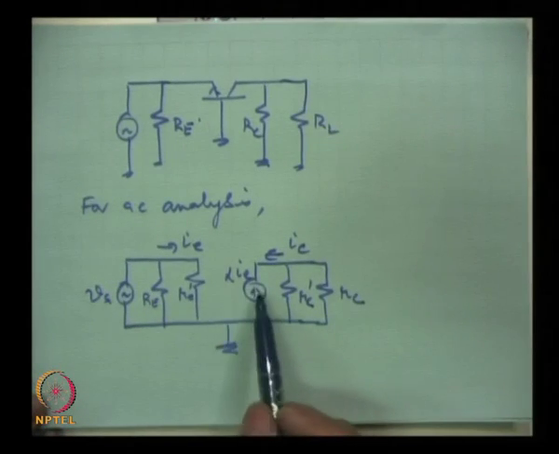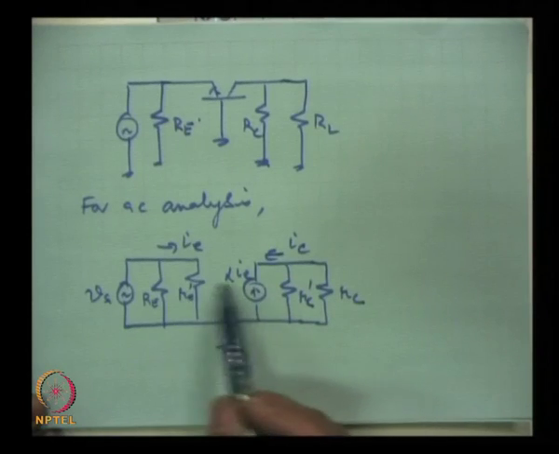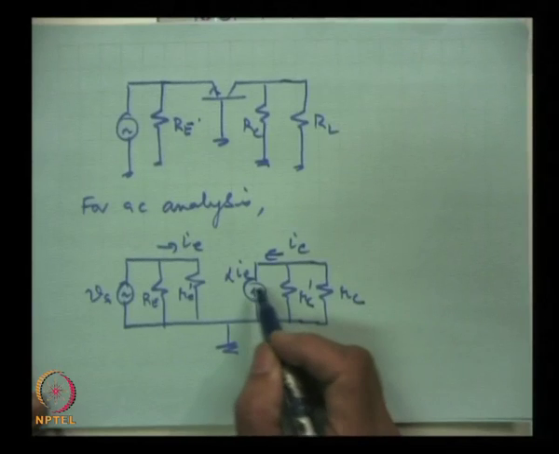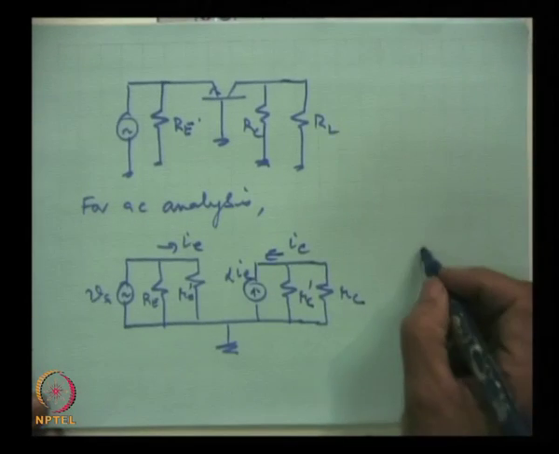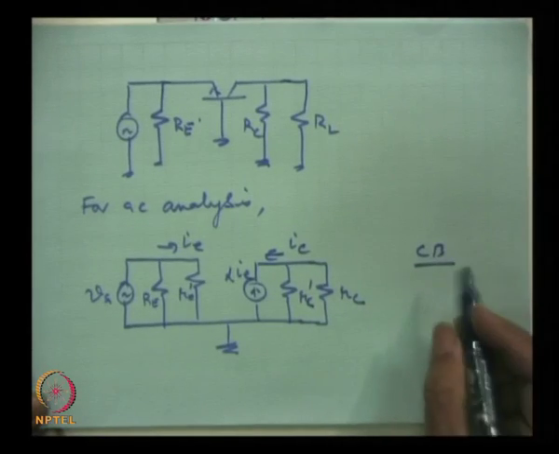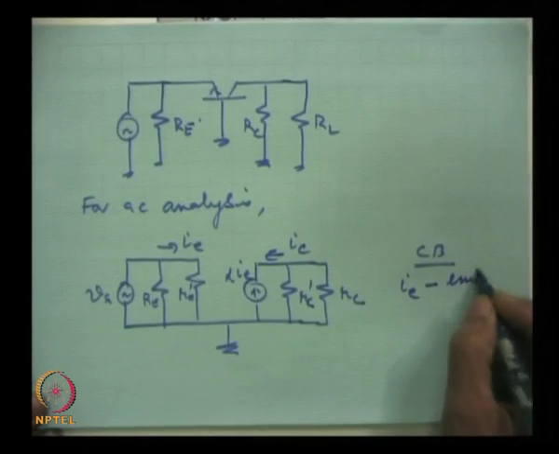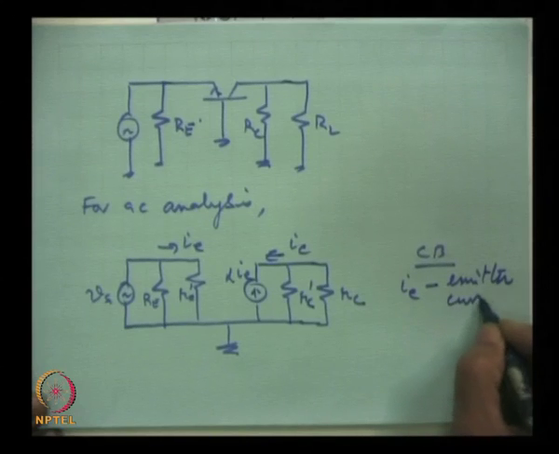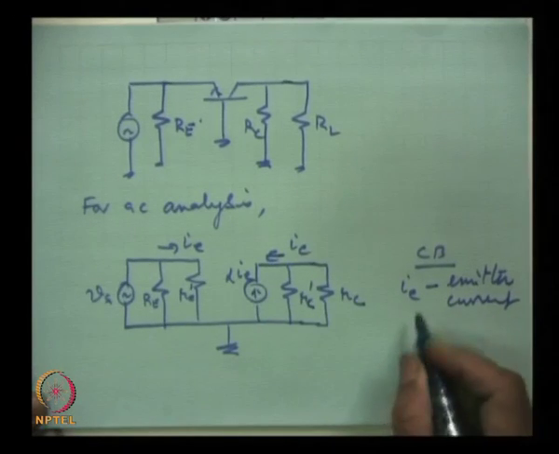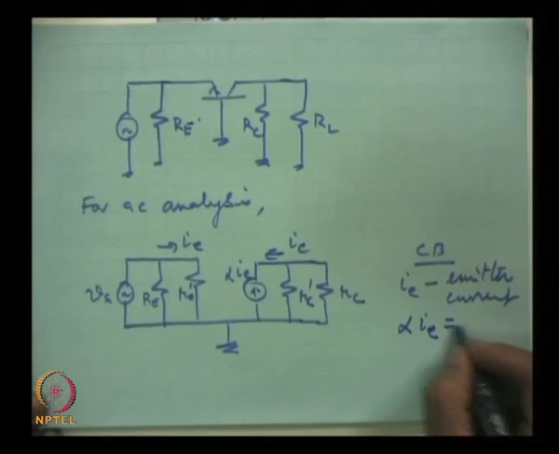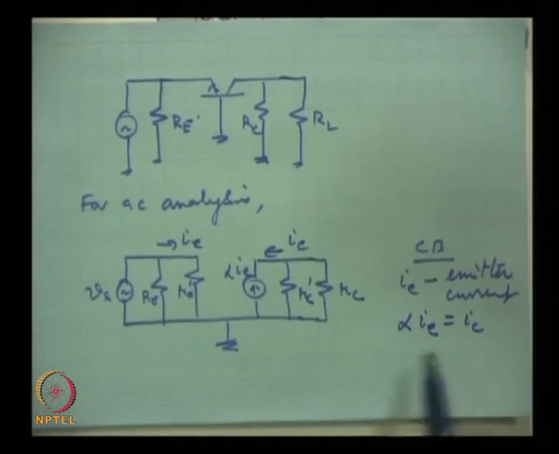Now, here earlier we have seen that this is the current which goes in this common base circuit to the collector. If Ie is the emitter current, then to the collector what is available is alpha Ie. This is equal to Ic, and alpha is close to 1, but less than 1.